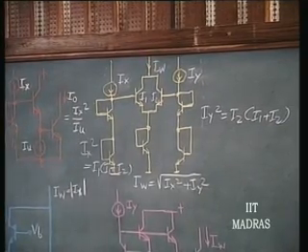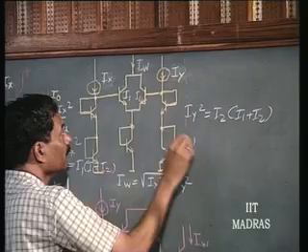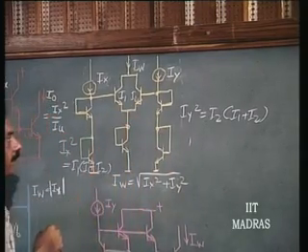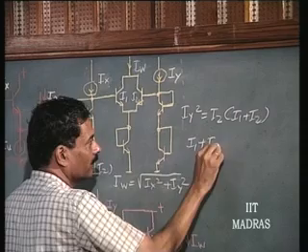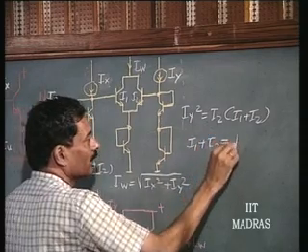So, Ix squared is I1 into I1 plus I2, and I1 plus I2 is nothing but IW.